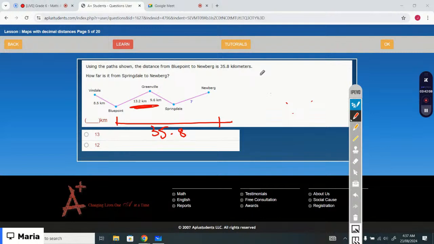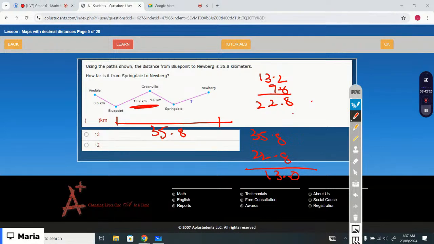Let me add 13.2 and 9.6, that is 22.8. So just subtract 22.8 out of 35.8. So that is 13. Option number 1 is the correct option. The correct option is 13.